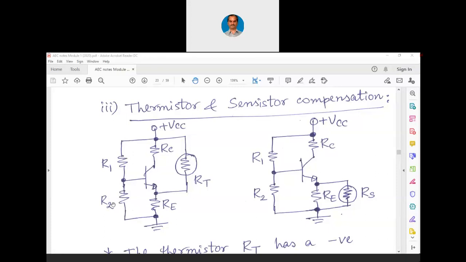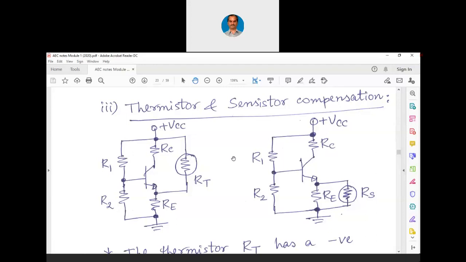When this RT reduces, the voltage at the base reduces. When the voltage at the base reduces, current at the base reduces. When current at the base reduces, the transistor comes back to active region. So this RT can be connected in parallel with R2. In the same way, this RS can be connected in parallel with R1.